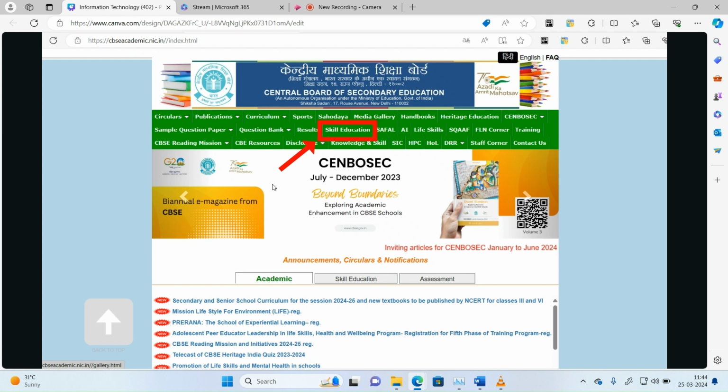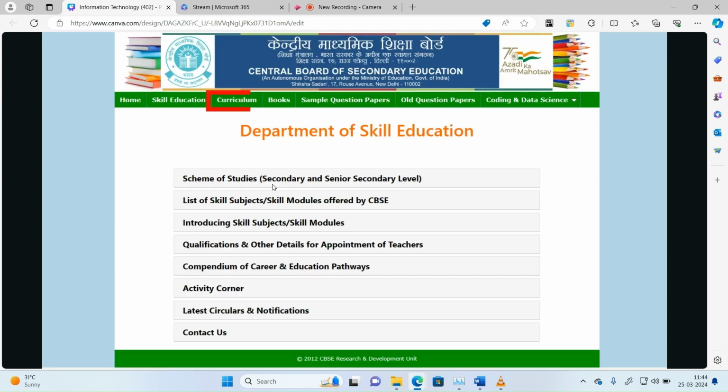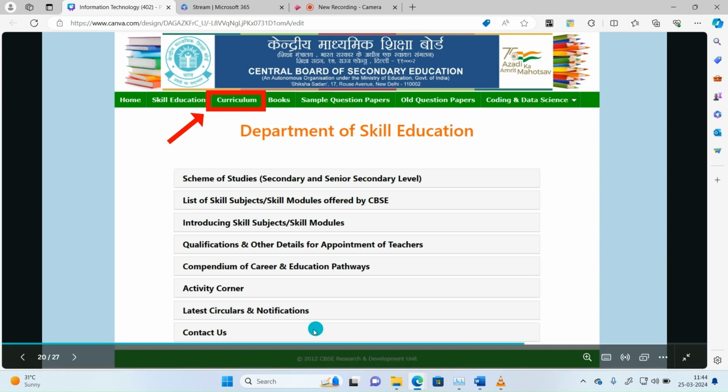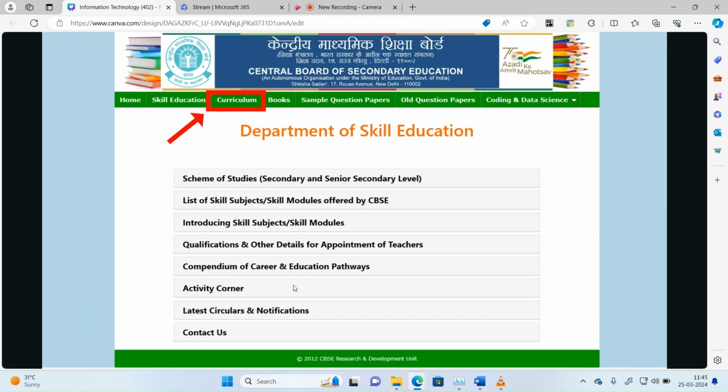Then here, this is the page of skill education, and you can see all the different things here: scheme of studies, list of subjects, qualifications of teachers. So various things are already specified here. If you want to gain more information, you can click on these links one by one and check out the information.